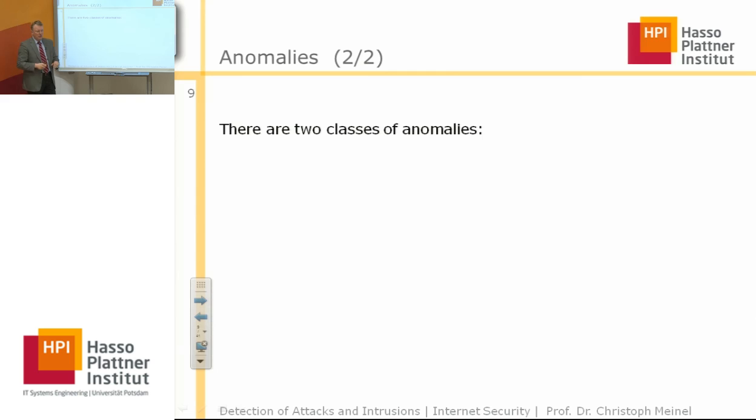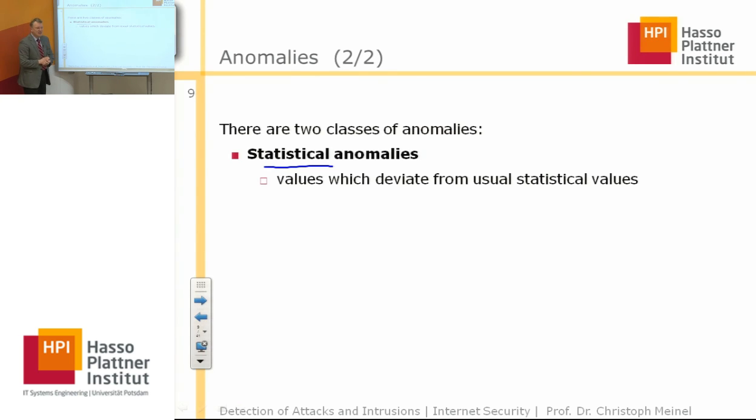If we have a closer look at such anomalies, then we can see two different classes of anomalies. The first one is the so-called statistical anomalies. Here, the values deviate from the usual statistical values. And besides the statistical anomalies, we can observe logical anomalies.